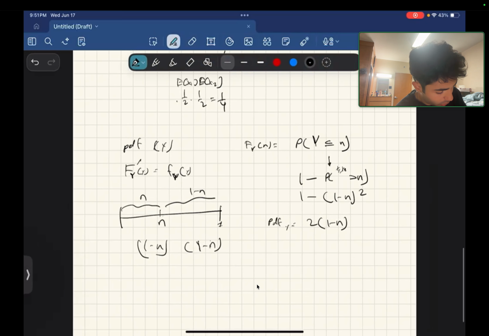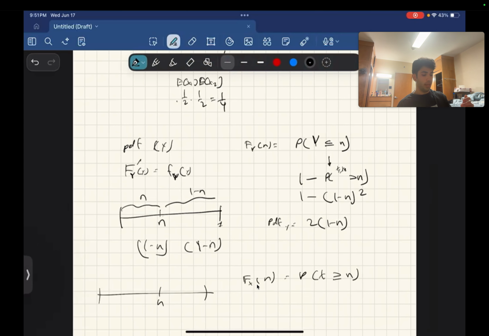And now for x, same thing. I'm gonna take this a little faster. We want the CDF of x first, and that's just saying the probability that x is at most n.